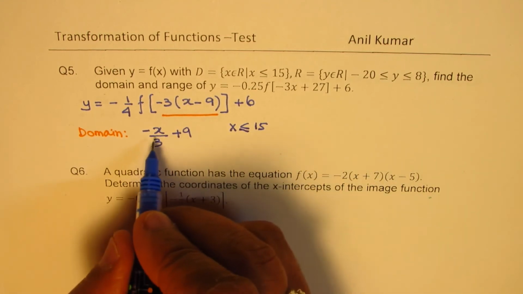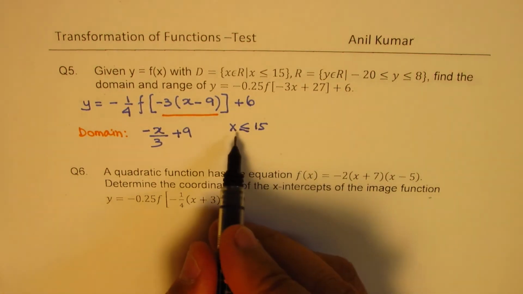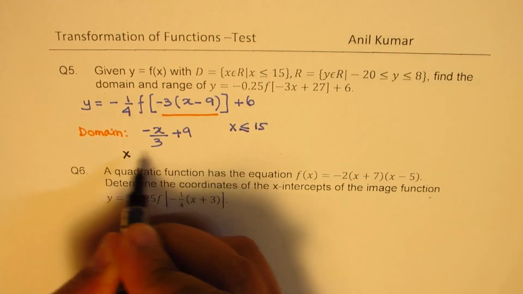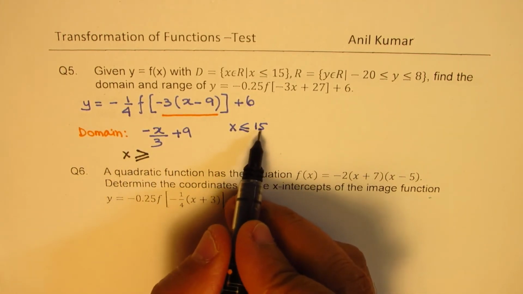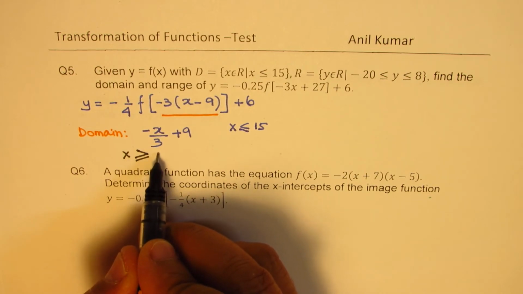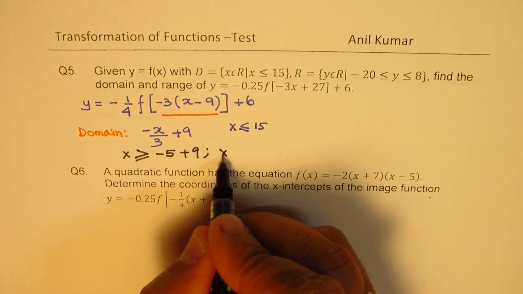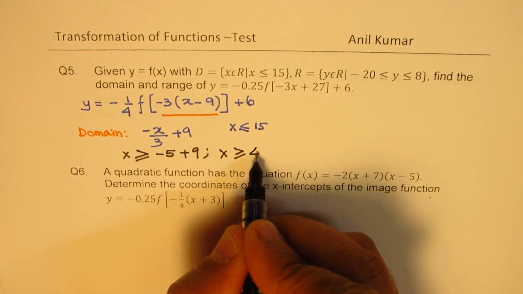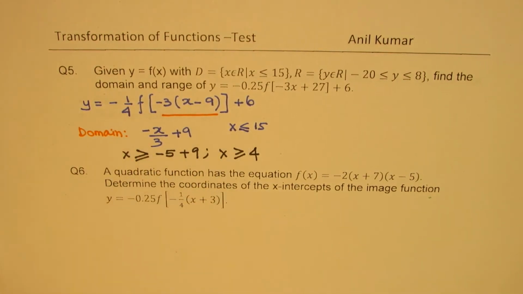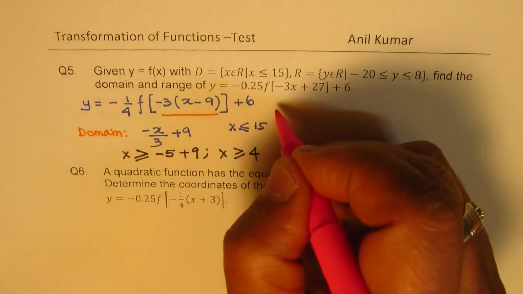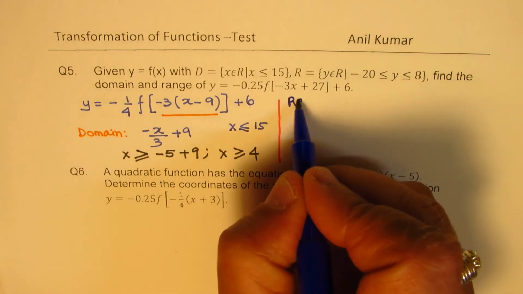So when I do this portion here, then we get x, let me write in a different ink, that is what is given to us. But when we do this transformation, it becomes greater than or equal to, this divided by minus 3 will be minus 5, plus 9. So x will be greater than or equal to 4. Is that clear to you? So whenever you divide or multiply by a negative number, the inequality changes, and that is very important to consider. Correct? And now let's look into the range.